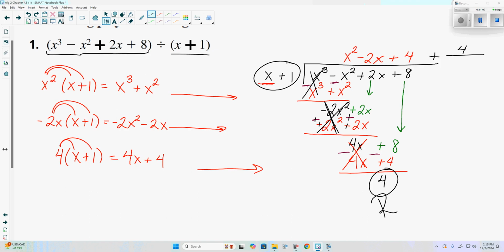The x plus 1, yes? It goes on bottom. That's it. We just add that remainder back in. If the remainder is 0, we don't have to put that in because the remainder is 0.